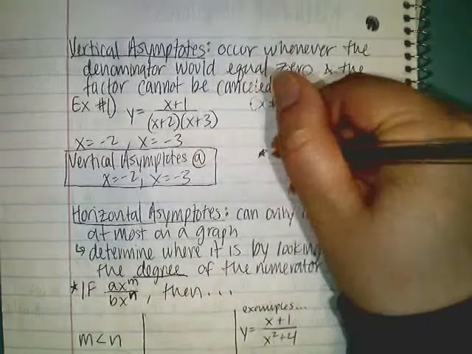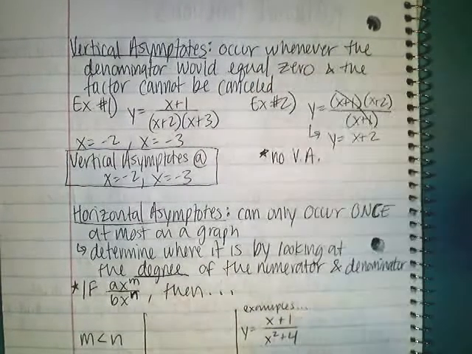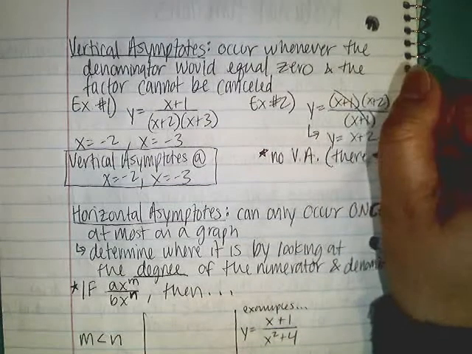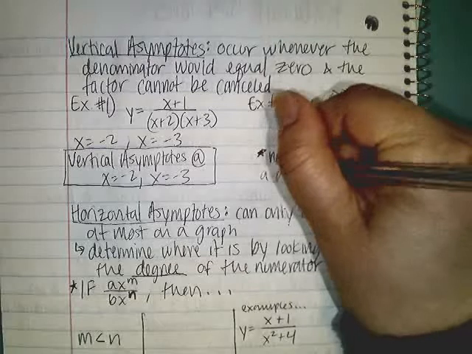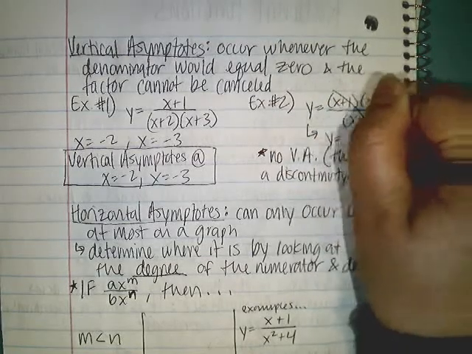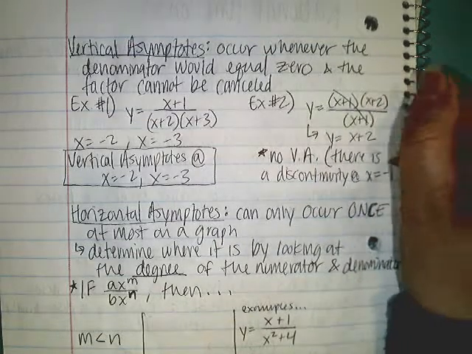So the key here to remember is there's no vertical asymptote, but there is a discontinuity at x equals -1.